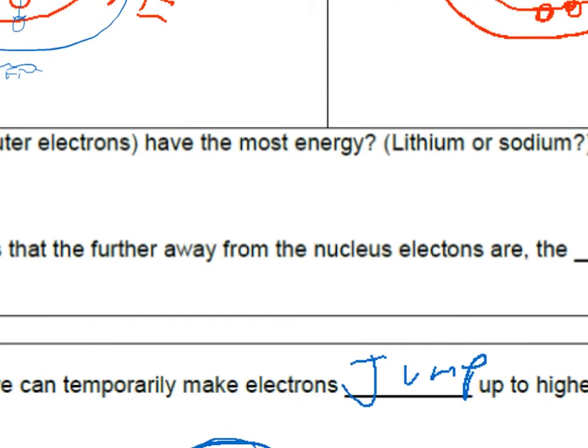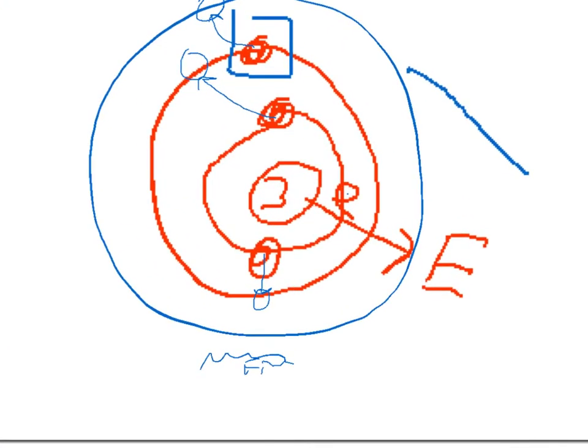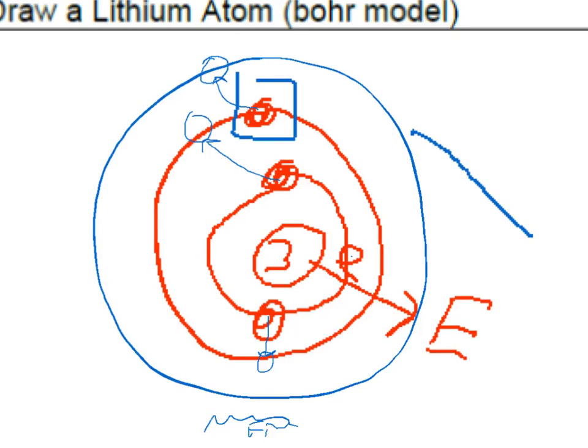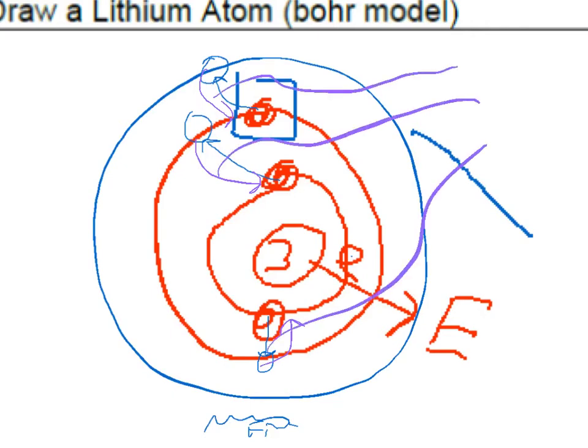So if we go back up to the lithium atom here, these electrons that were up here will eventually fall back down. They'll go back down to where they originally were. And when they do that, they will give off a light pattern that you can see.